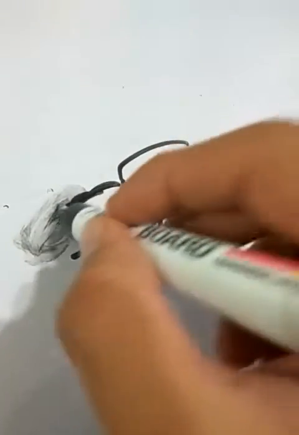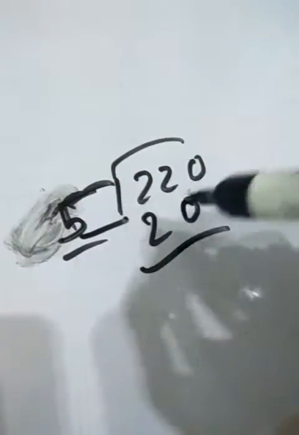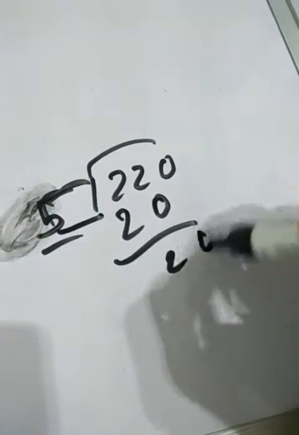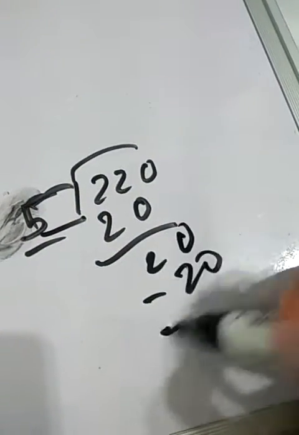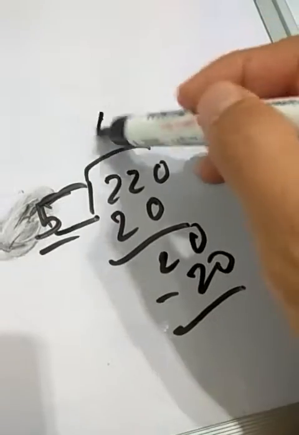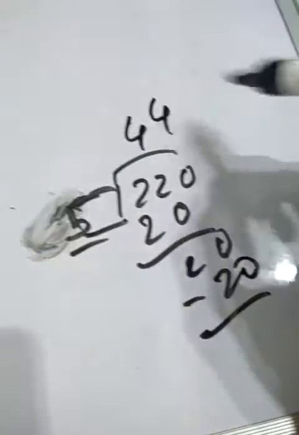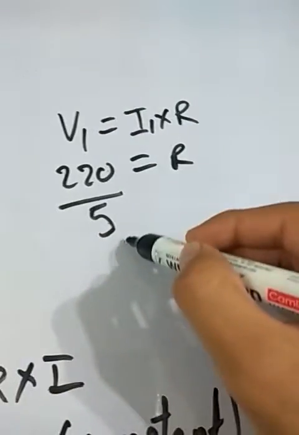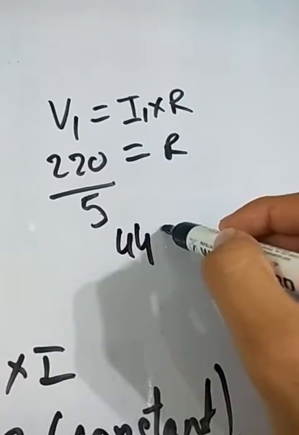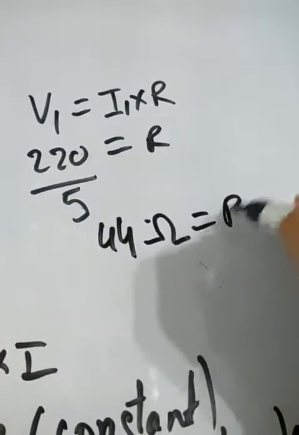Dividing 220 by 5, it is going to be 44. So R is equal to 44 ohms.